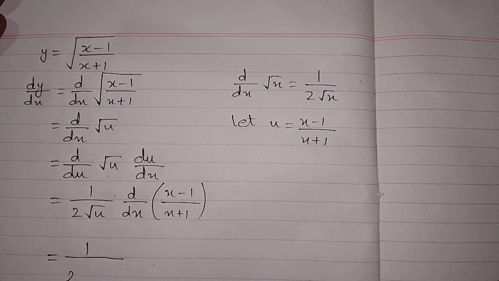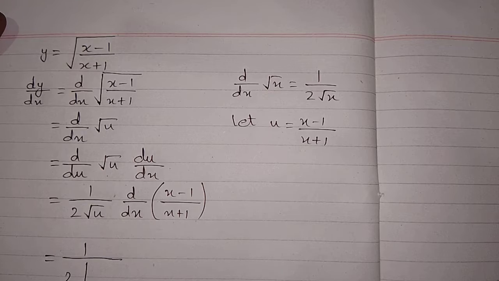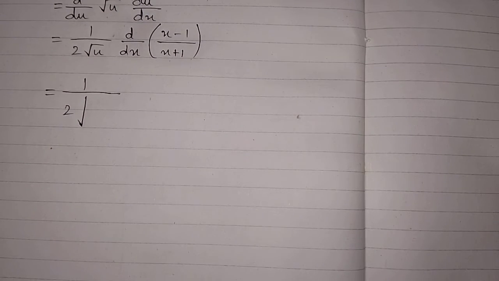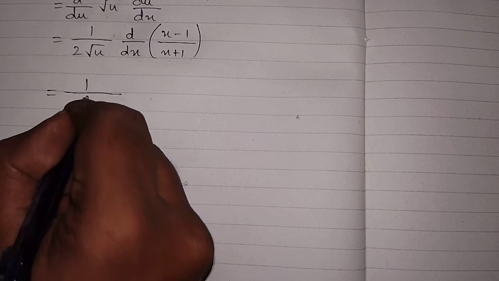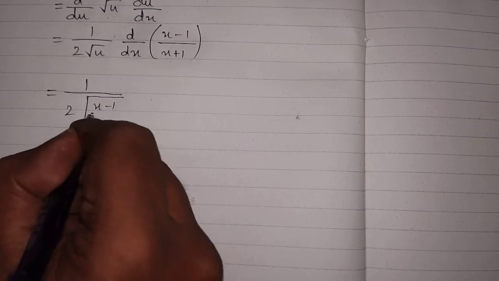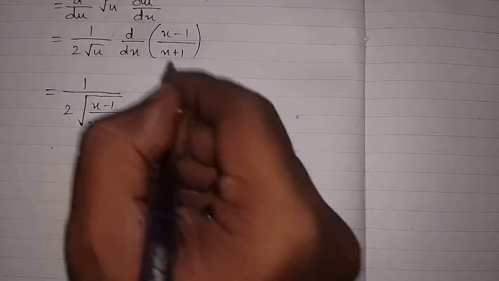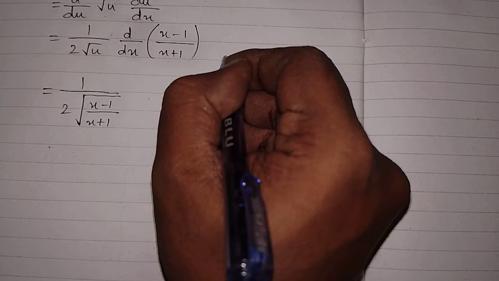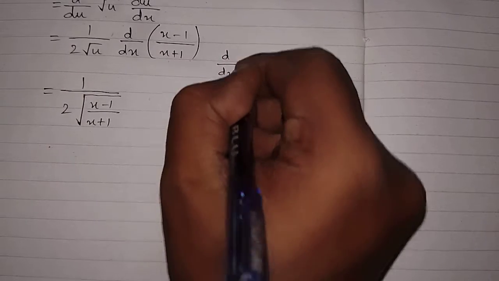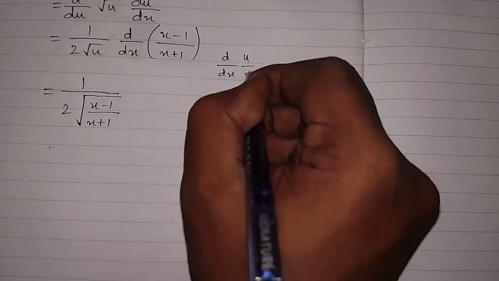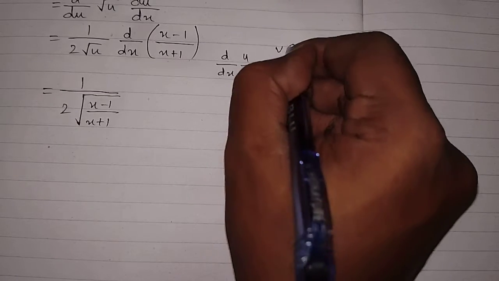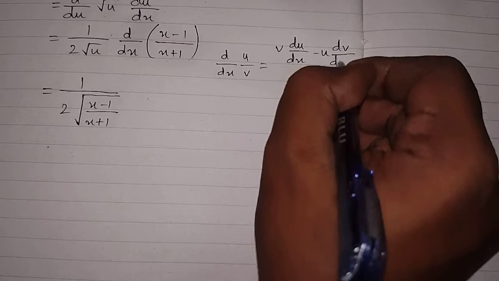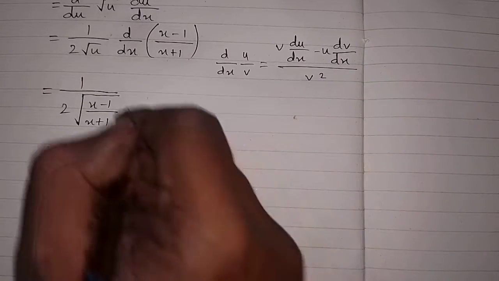Now we can put the value of u over here. So we have 1 upon 2 square root of (x minus 1) upon (x plus 1), and over here we can apply quotient rule of differentiation, which is d by dx of u upon v is equal to v times derivative of u minus u times derivative of v upon v square.